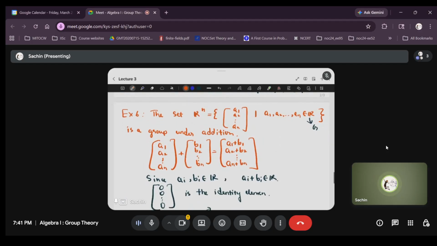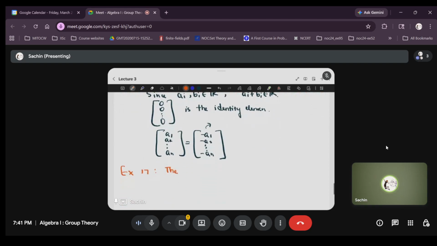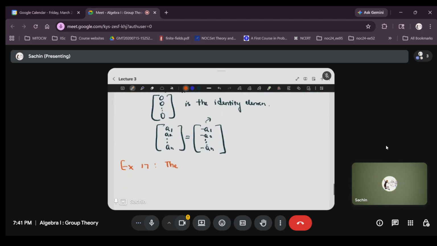Instead of real entries, you could have had any group entry G. So for matrices, we had 2 by 2 matrices with real entries in the earlier examples, but it holds true for other groups. But here we won't claim that it works for all groups.